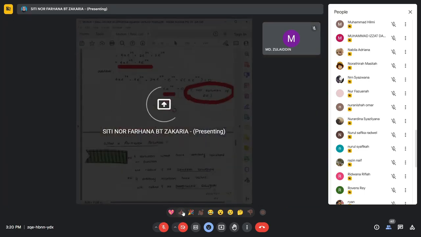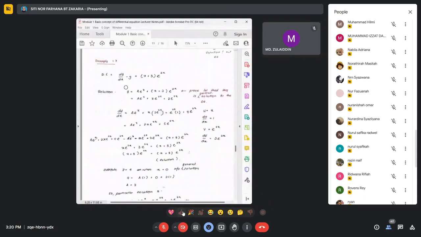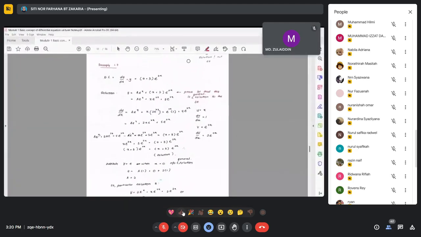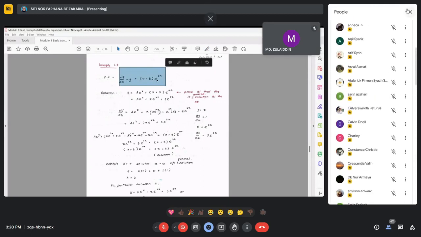Okay, example 1.7. This is the given dy over dx minus y equals to x plus 3 exponential x.